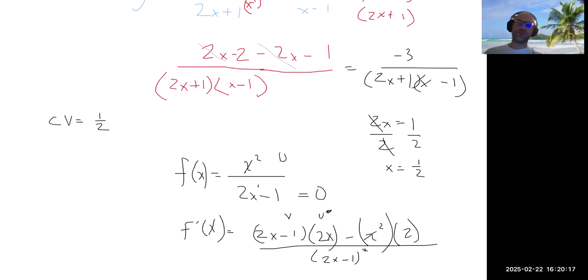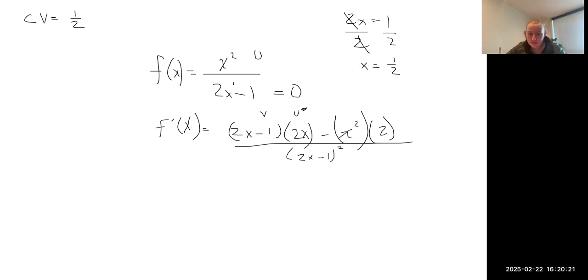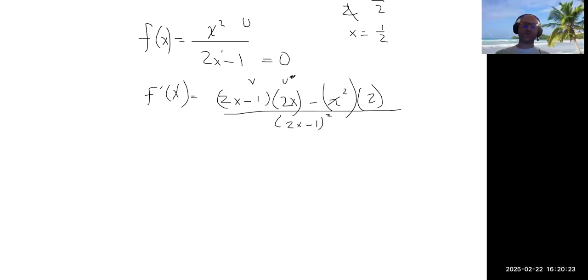So let's simplify that. Can we cancel out a 2x minus 1? And then we just have 2x minus x squared? So what you're imagining is we've got this and we've got this, so why don't we just cancel those out? The problem is that we have a minus sign and there's this other third term.